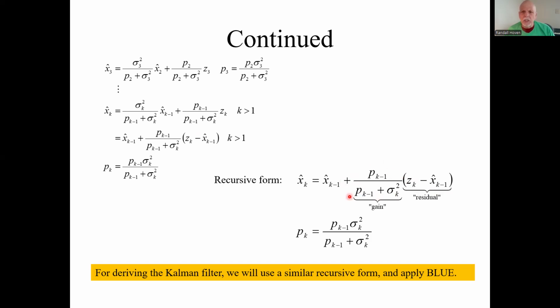If this gain is 0, then the updated estimate is just the old estimate. I didn't use the new measurement at all. And if this gain is 1, then I get x hat of k minus 1 minus x hat of k minus 1, and all I'm left with is the z sub k. It says my new estimate is just the measurement at that time. So that's what the gain does. It tells you how much to weight those two things, your previous estimate and what you just measured.